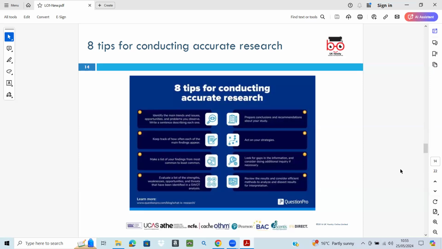Then we need to avoid biases, and be mindful of what may affect our research findings. We need to stay objective, consider different perspectives, and avoid skewing results based on preconceived notions or preferences. So these are a few of the important aspects.